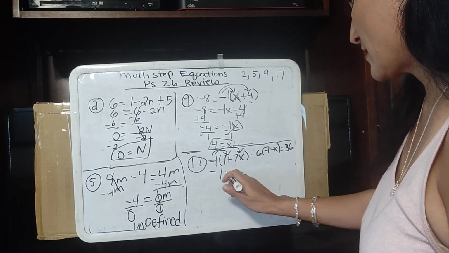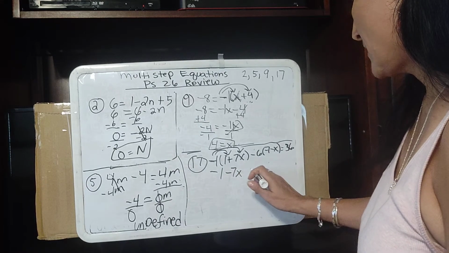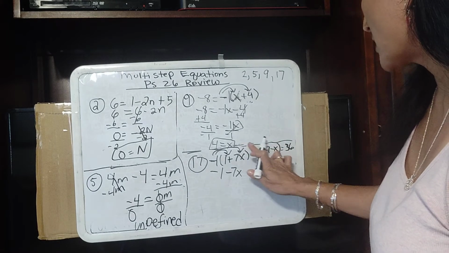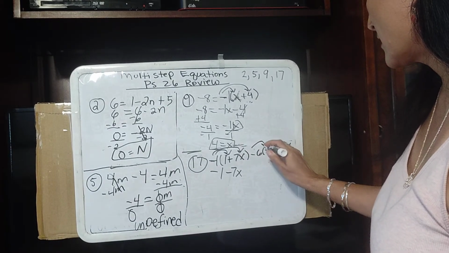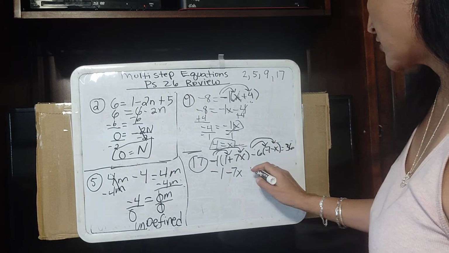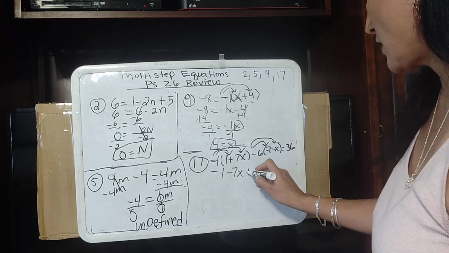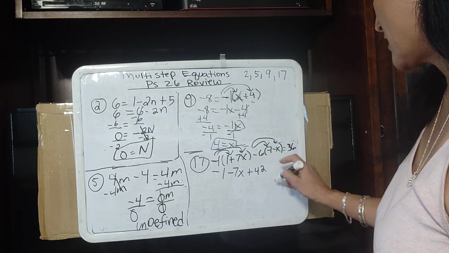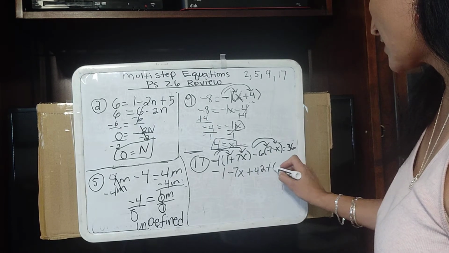Negative times positive is negative 7x. Then we're going to say negative 6 times negative 7, so we're going to distribute it one more time. You're going to end up with negative times a negative, positive 42. And then you have negative 6 times negative x is going to be positive 6x.